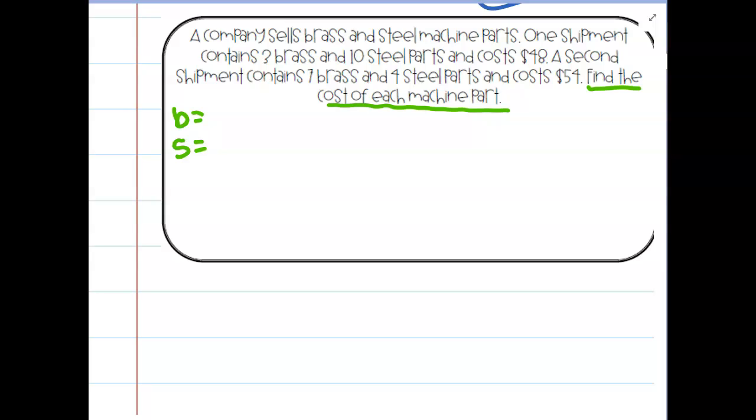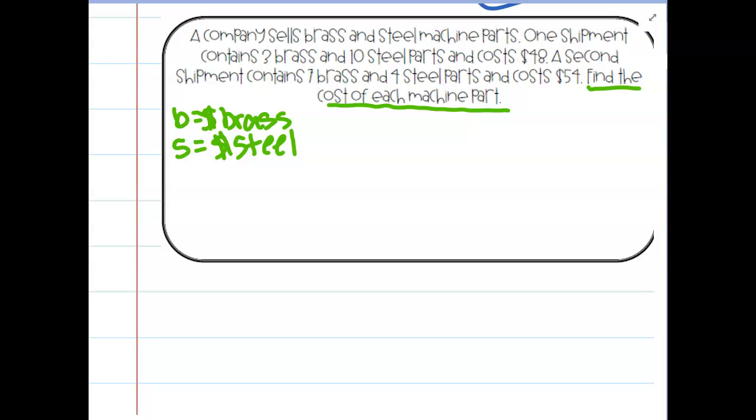Am I talking about the cost? I know how many, right? 3 brass, 10 steel. 7 brass, 4. I know the number. What I don't know, look, find the cost. I don't know the cost of a brass part. I don't know the cost of a steel part. Okay, we have our 2 variables.